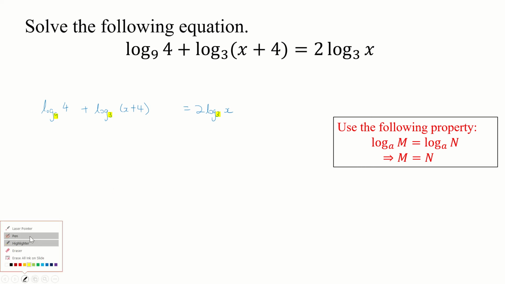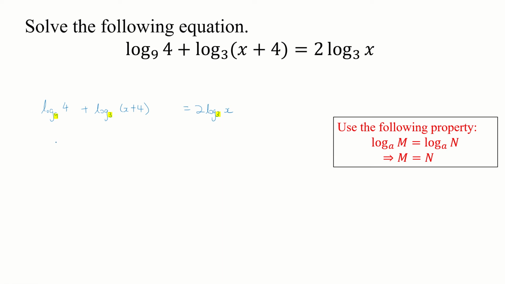So we have to change the base so that they all have the same base before we can apply any law. Here the choice is between base 3 or base 9. But because on the right we have base 3, I think it makes sense to change this to base 3 also. So now let's change the first log to base 3.